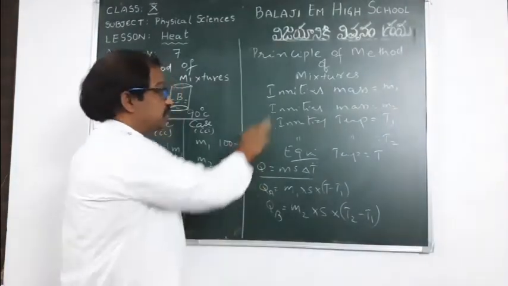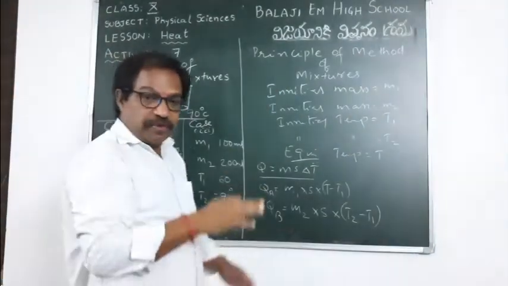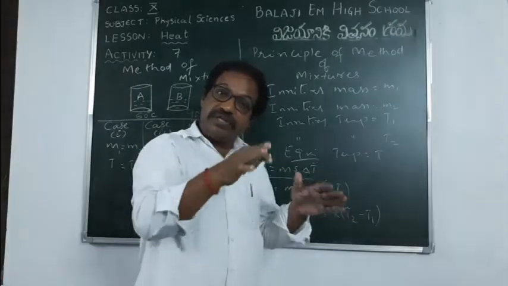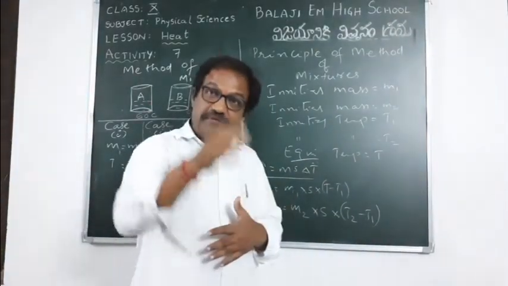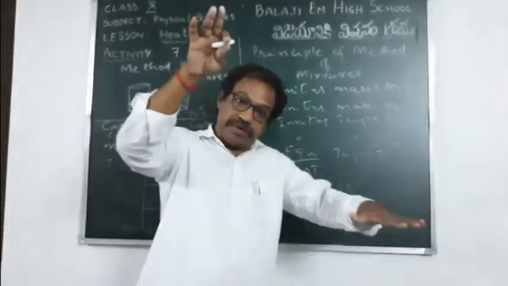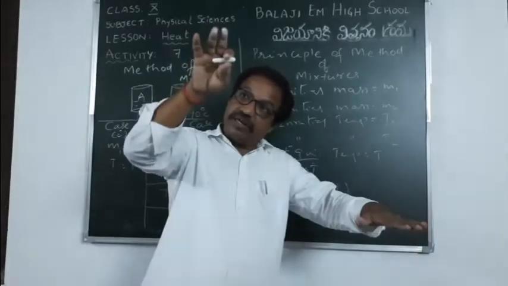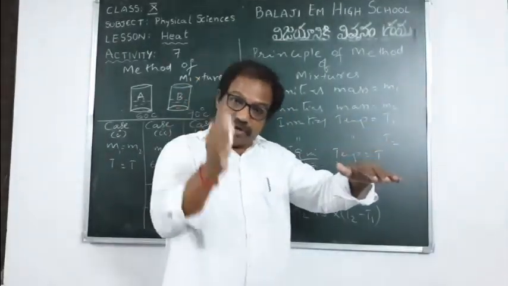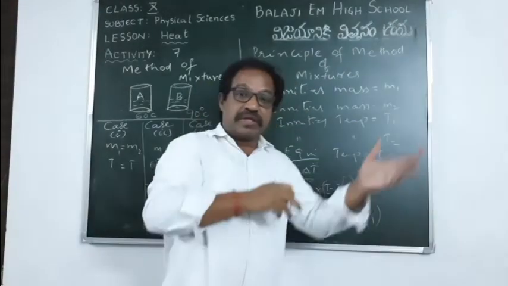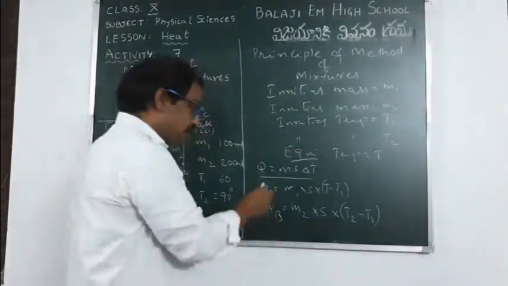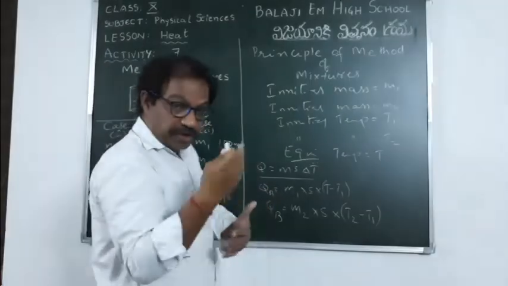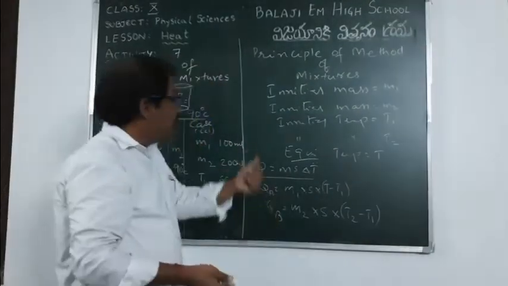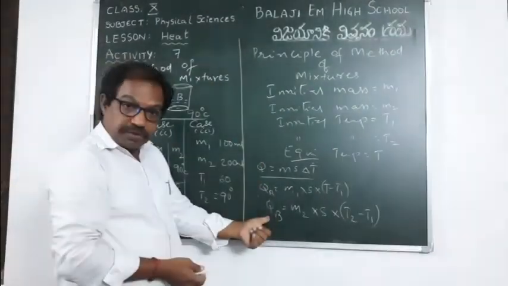What the principle of the method of mixtures says is that when there is a transfer of heat from a body at a higher temperature to a body at a lower temperature, the heat lost must be equal to the heat gained by the body. Which body is going to lose the heat? B is going to lose the heat.